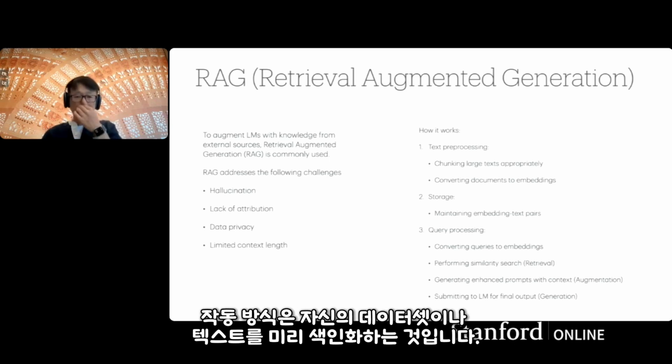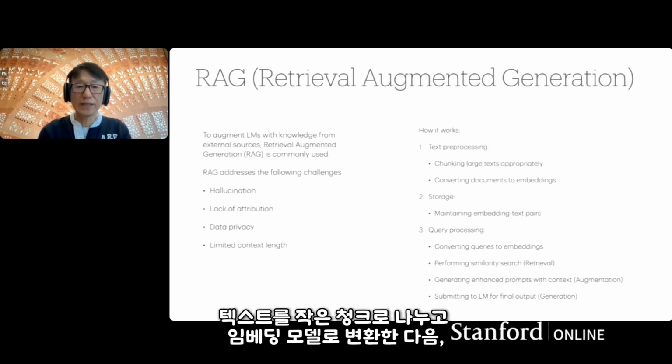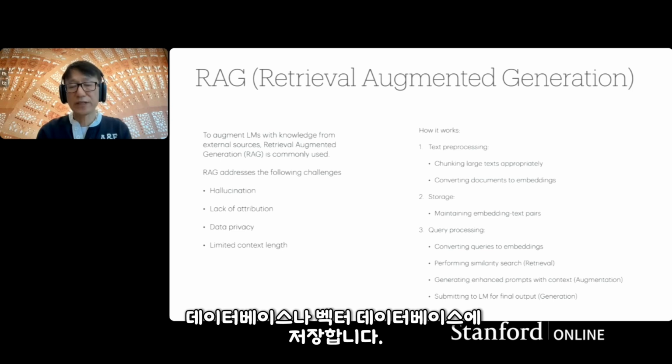So how it works is you could pre-index your own data set or your own text by turning it into smaller chunks of text, and then convert them into embedding space using an embedding model, and then stage them as part of your database or vector database.